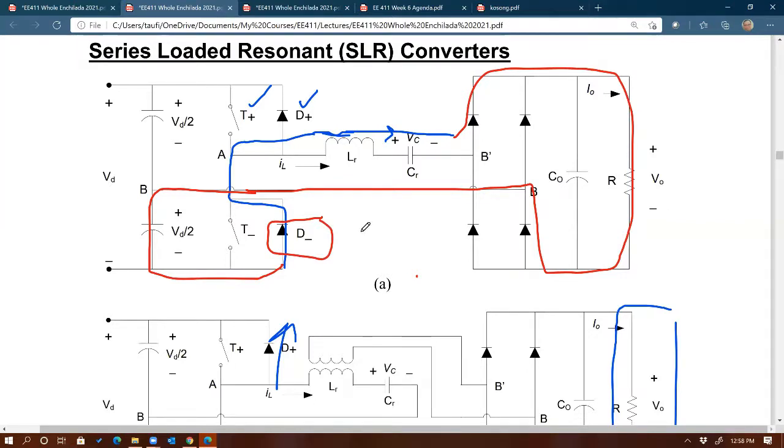No. How come? Since the inductor current at that point is 0, I think. And VC must be at a maximum, which means that the anode of D minus is higher than the cathode of D minus. Or I might have just messed up a bunch of negatives.